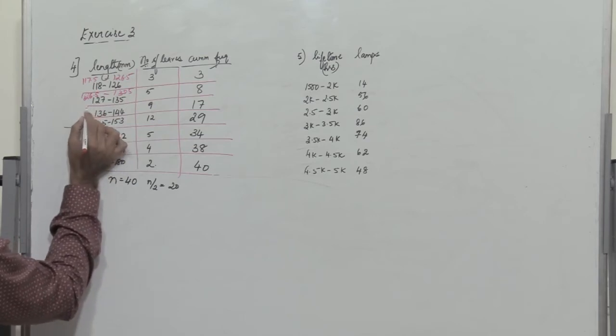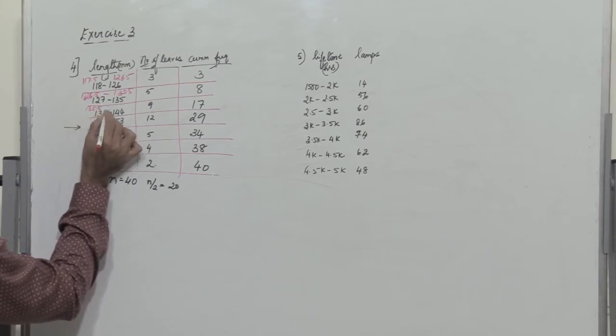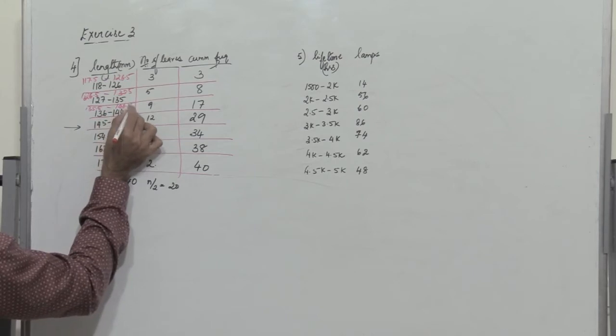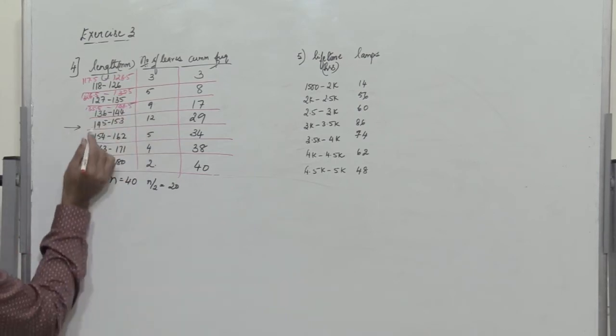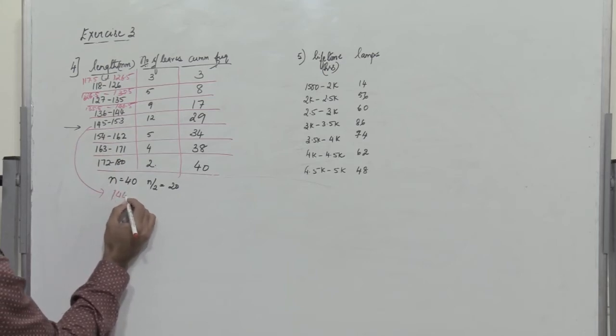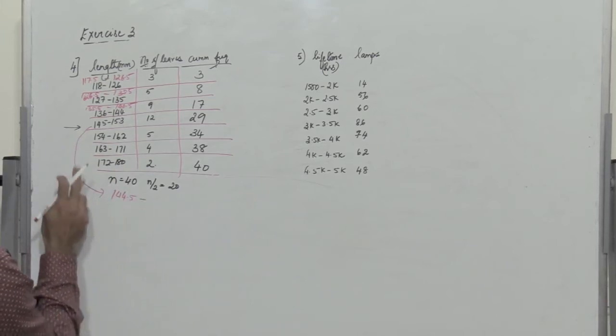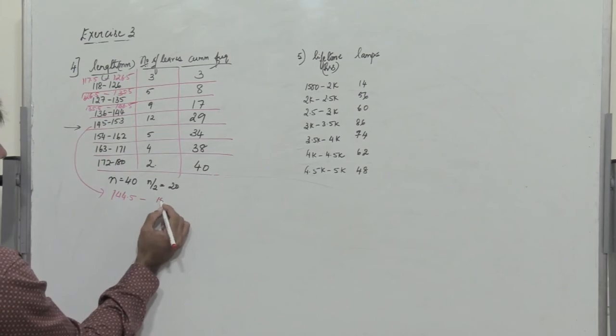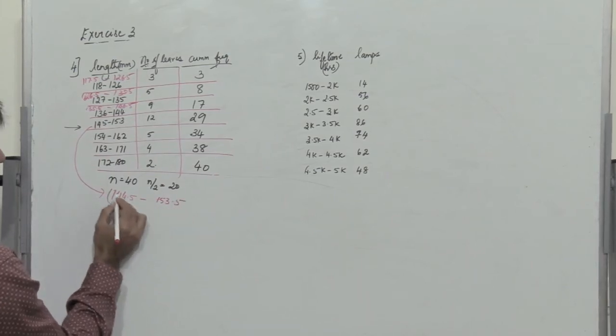So here I have 135.5 to 144.5. So to make it continuous, this class interval would be 144.5 to 153.5. So this is going to be the class interval.